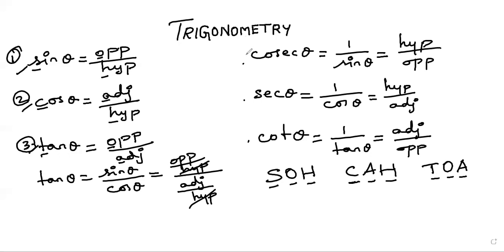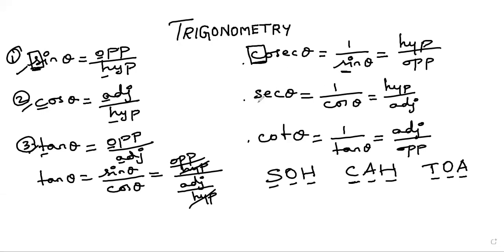And here, how will you remember this formula? Cosecant, secant, and cotangent is like, see, whenever S, that is sine, the starting letter for sine is S. So here the S should be written for cosecant. See, the starting letter for cosecant is C, isn't it? For C, you should write sine.